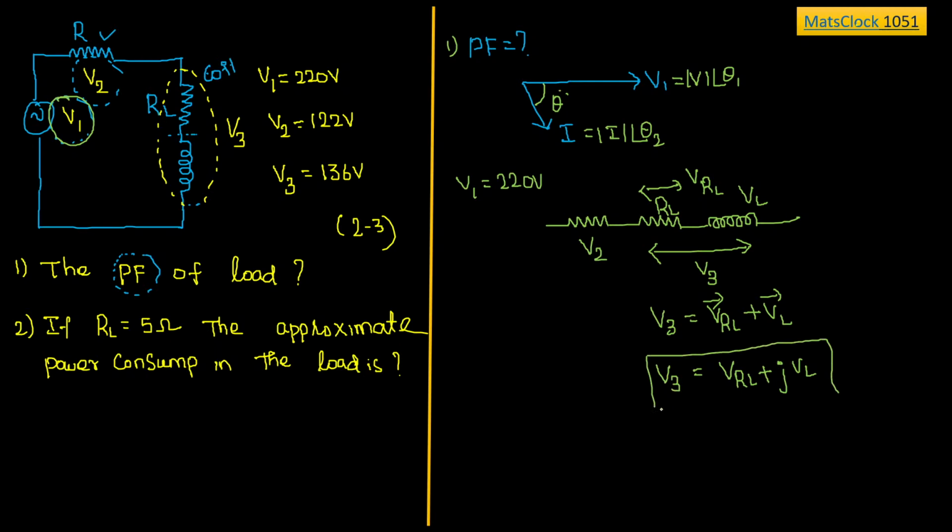Observe the circuit property carefully. Because this value of V3 is the combination of real and imaginary terms, because there we have a coil. In that coil, we cannot take the voltage directly. So remember these things.